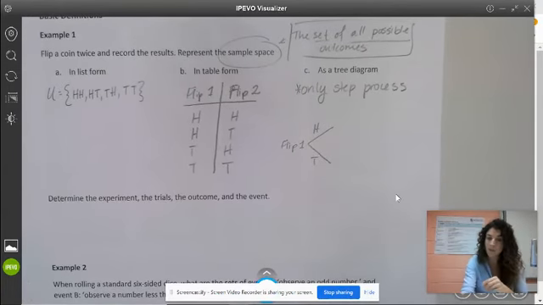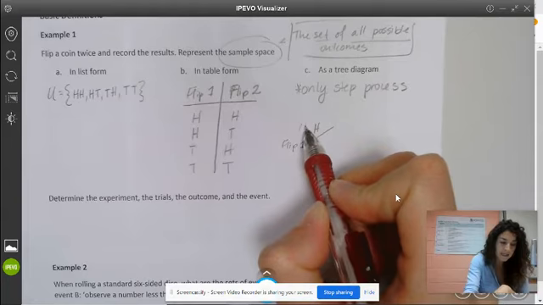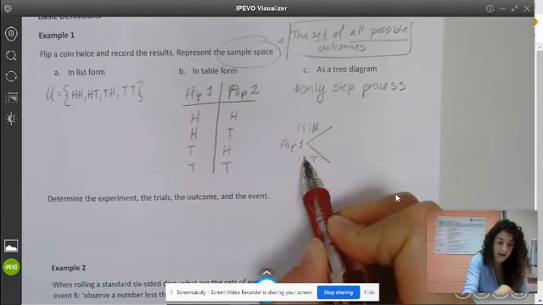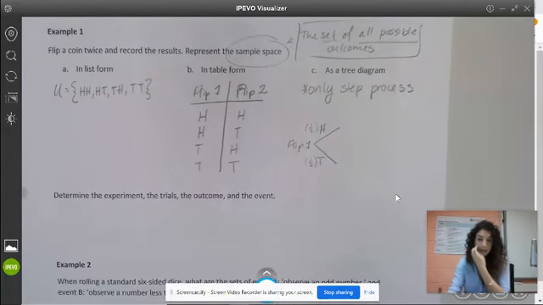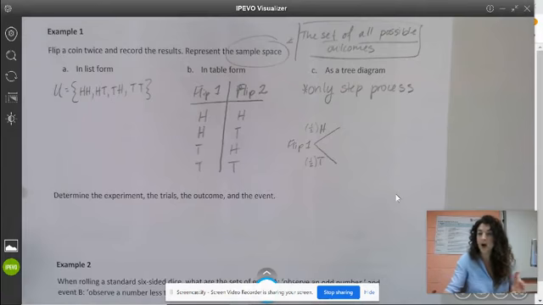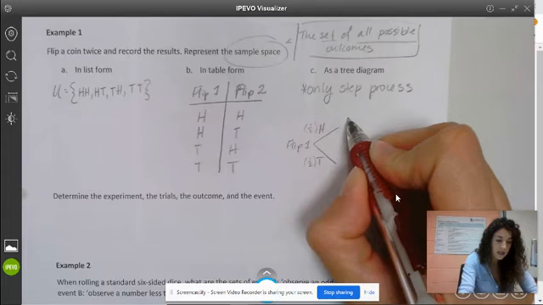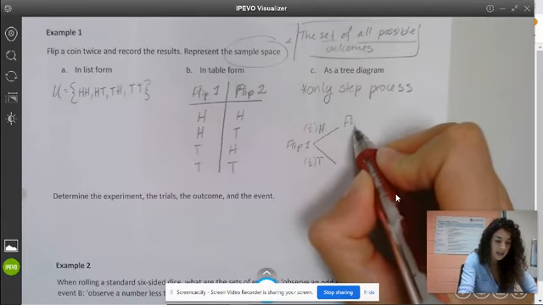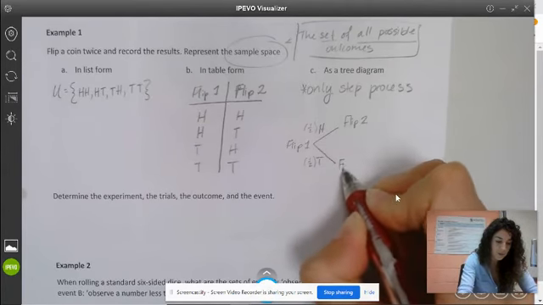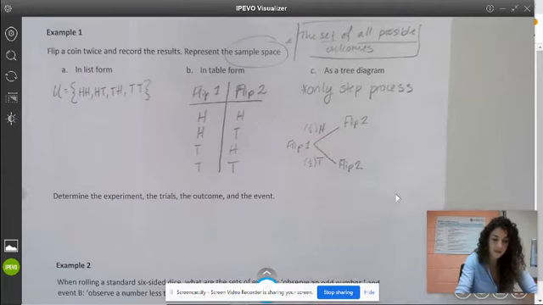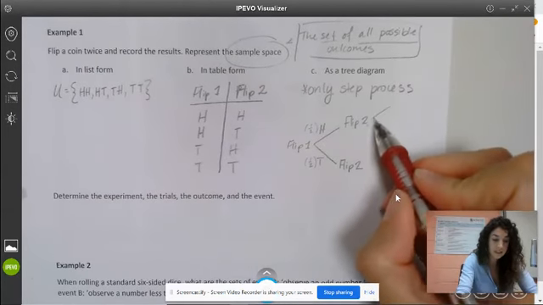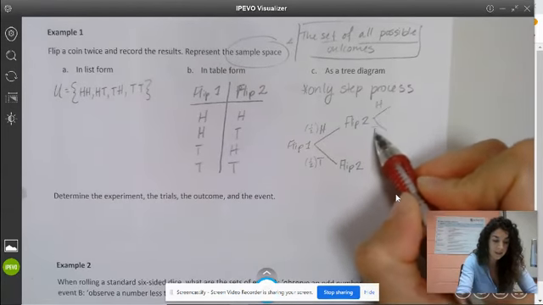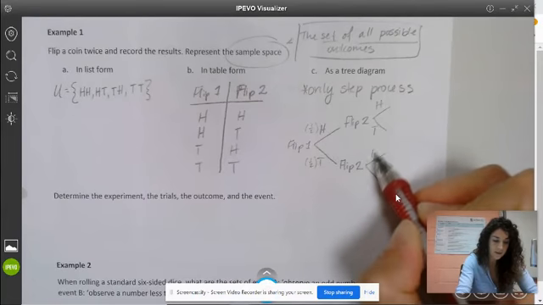Sometimes with tree diagrams, we also put probabilities in here. The probability is 0.5 or a half, right? The probability is that it's one of two options, so it's a 50% probability. Then for flip 2, if you flipped heads, you could still flip heads or tails.